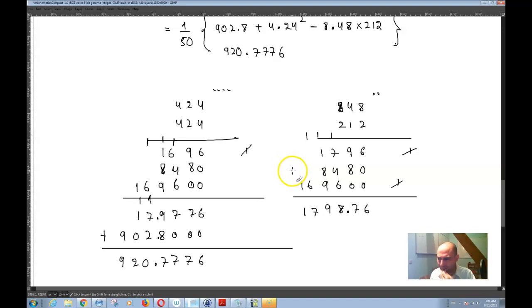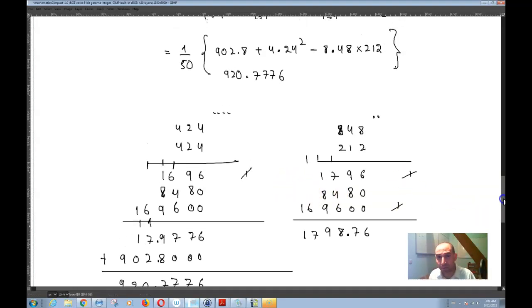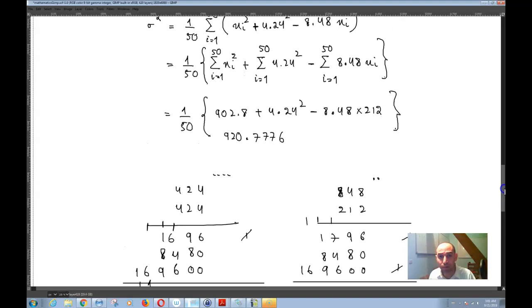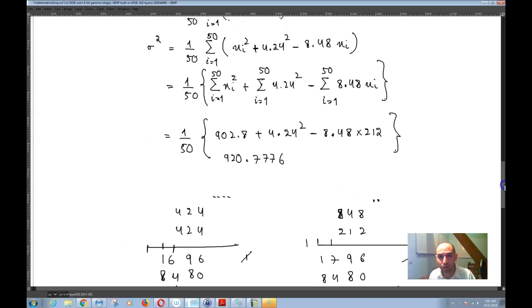And that's the problem here. I don't understand why I get a negative number here. Over here I have 4.24 squared.